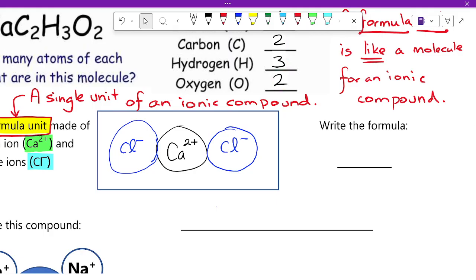Try to write the formula for this compound. Once you've written it, check with your partner, see if you got the same thing.